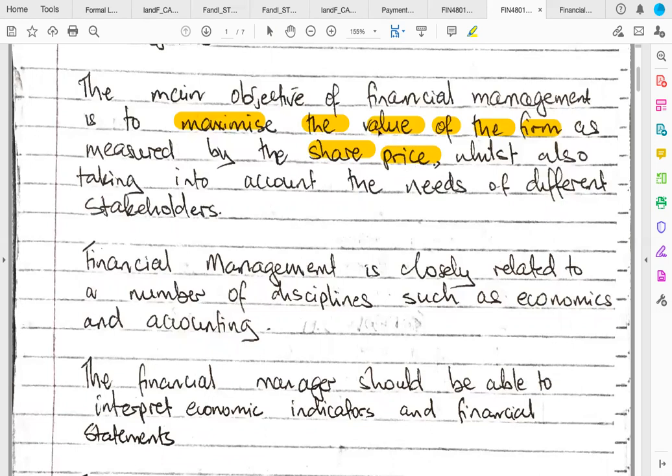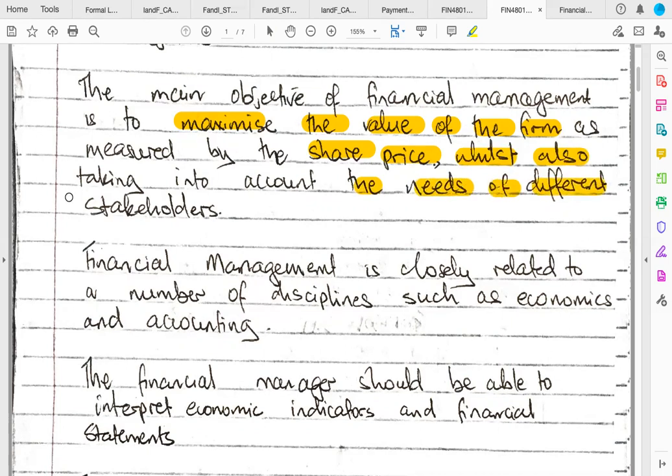So traditionally, textbooks will just say the main objective of financial management is to maximize the value of the firm measured by the share price. But with corporate governance, you also need to make sure that you're trying to maximize the value of the firm measured by the share price, whilst also taking into account the needs of different stakeholders.